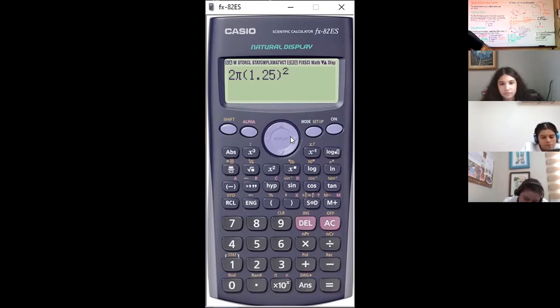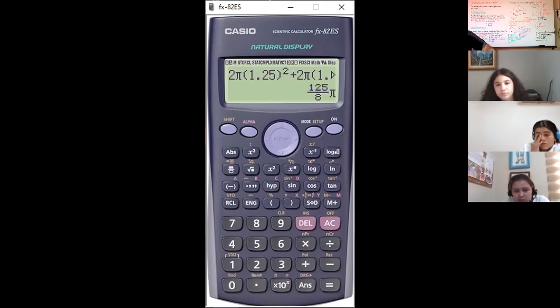Okay? Move the path button. Just be careful, the cursor is supposed to be in a vertical path. Plus, again, 2 pi, parentheses, 1.25, close parenthesis, open parenthesis, 5, close parenthesis, and we press equal.